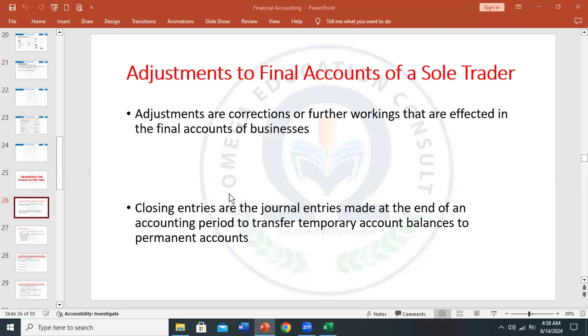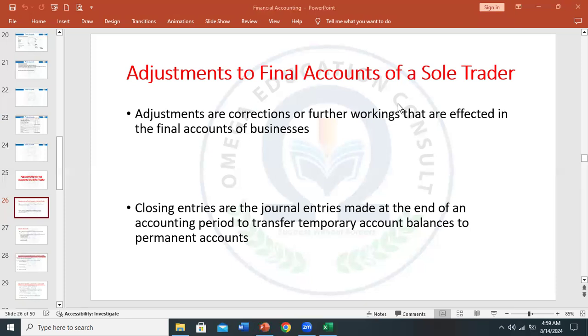If it comes to our notice with such a mistake, then we have to go into the account and make the adjustment. It can happen that maybe your sales figure is supposed to be 500,000, but during the preparation of account, you recorded it as 600,000. If that happens, you have to make the corrections or further workings. So that's what we mean by further workings or corrections.